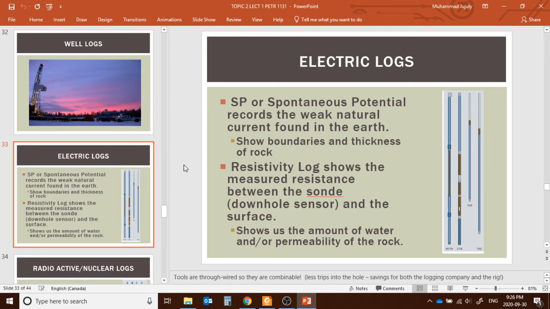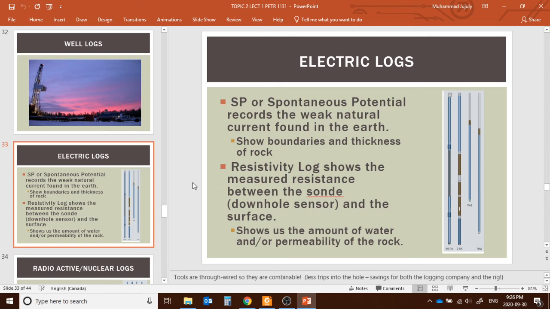Now the electrical logs, as I said, give different types of sensor readings on the resistivity. For instance, the water: it shows the amount of the water, and it can also show the permeability of the rock. How? Because from the quality of the water, you can also determine how permeable the rock is.